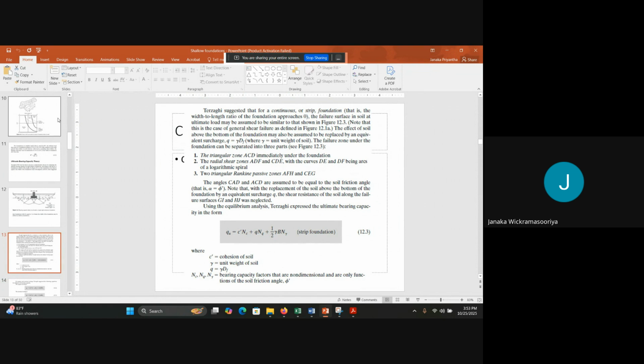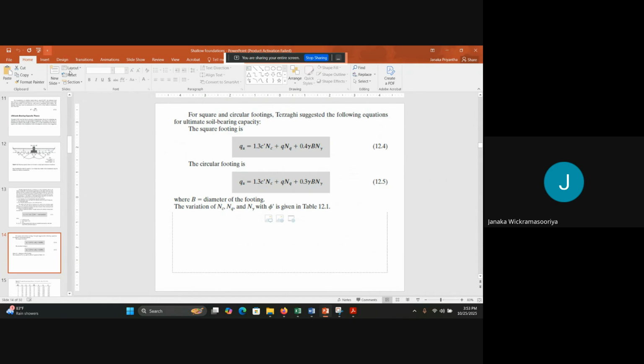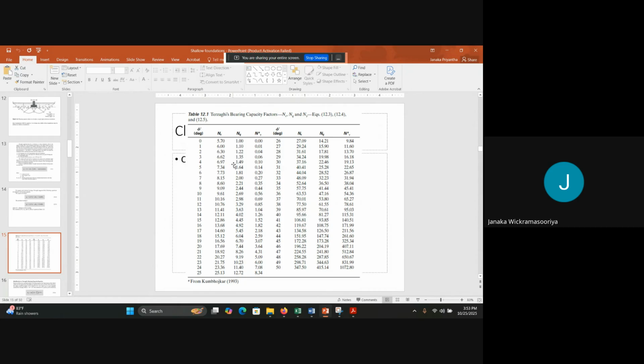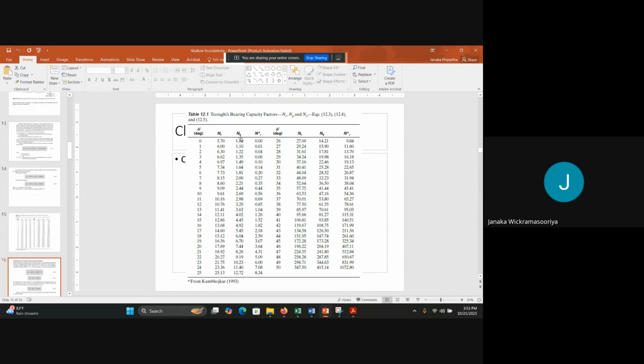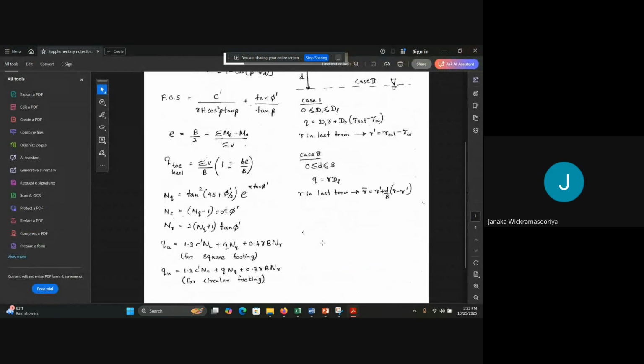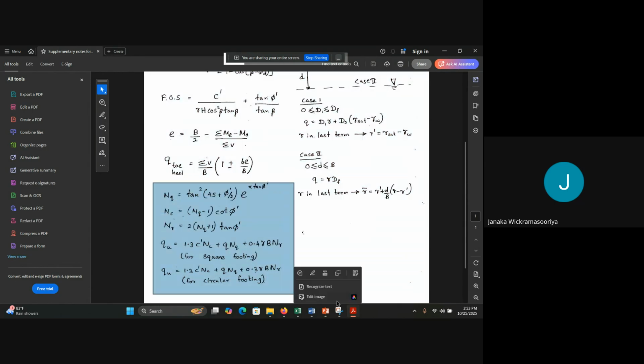That is Terzaghi's equation, this is for the square footing, and this is for the circular footing. First we have to find Nc, Nq, and N gamma values, or else you can use these equations also. For the exam, you will be given these equations to calculate the bearing capacity.